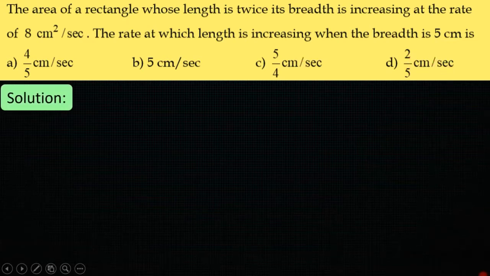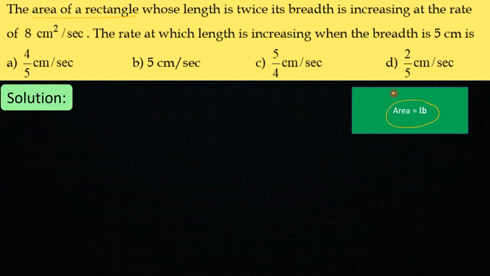Let us find this. Given area of a rectangle, that is, area of rectangle is L into B, here L is length, B is breadth. Also given whose length is twice its breadth, that is, L is equal to 2B.